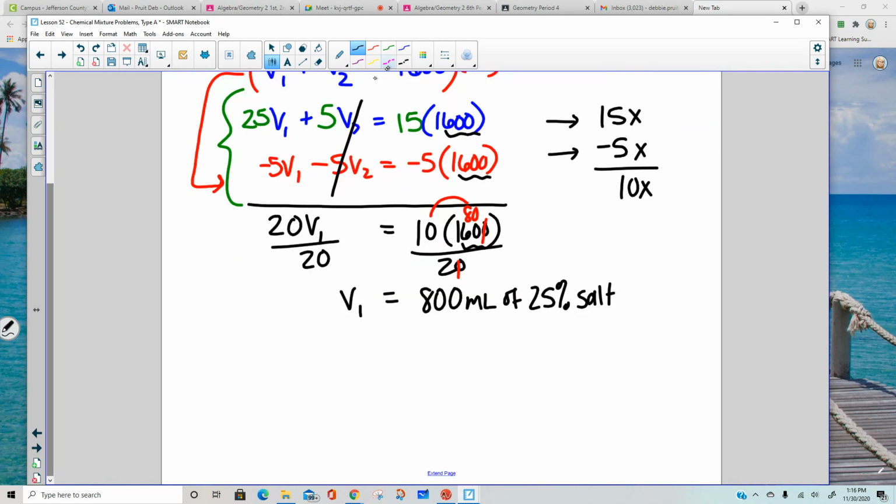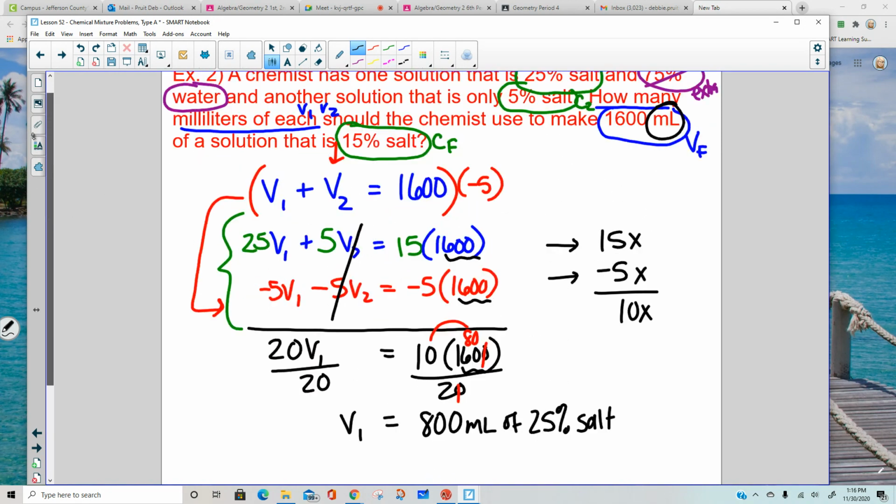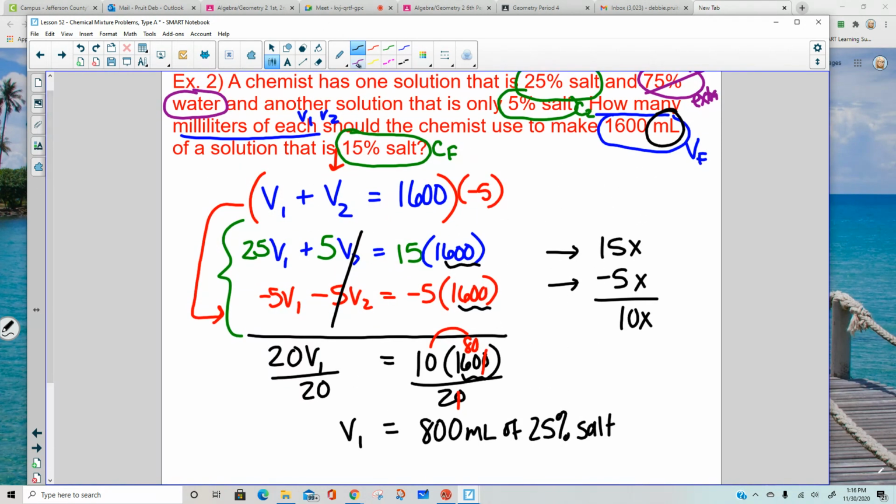Okay, let's get our V2. Let's back substitute into our first equation, that one in blue there. So before we multiplied by negative 5, we had V1, which is 800, plus V2 equals 1600.